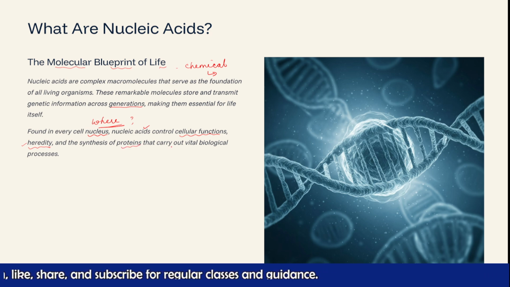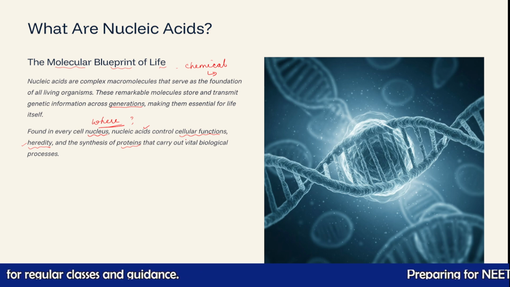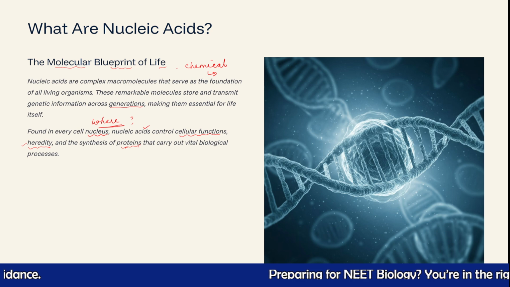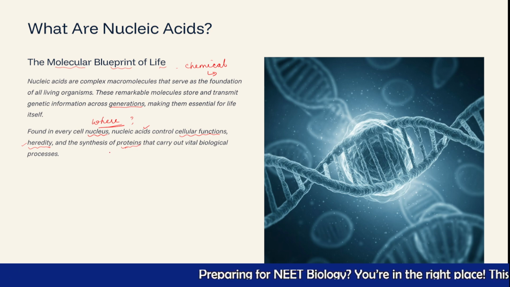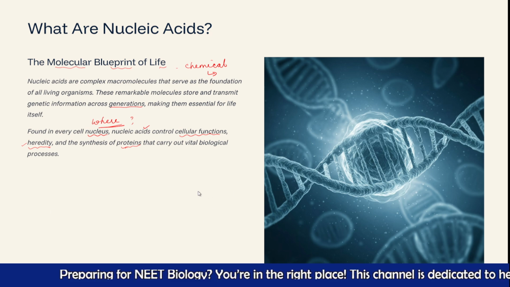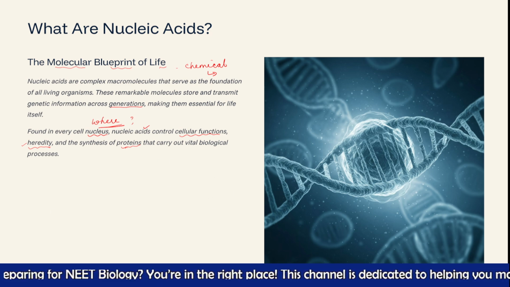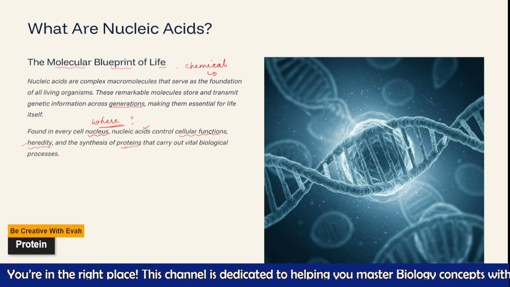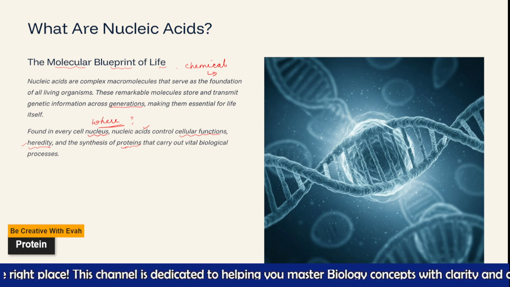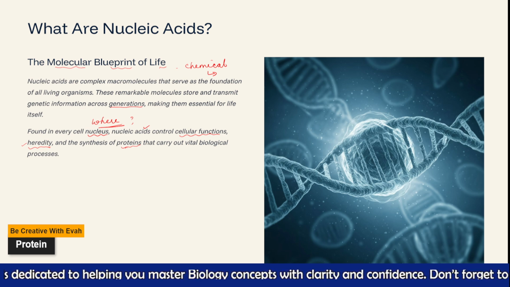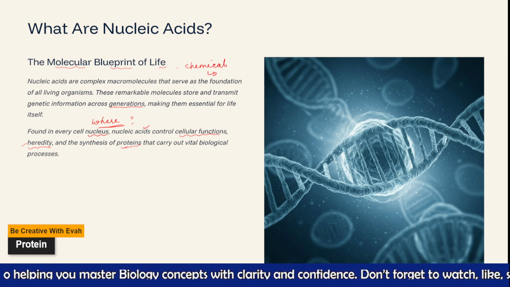The data is carried by the DNA, and DNA will give the message to the RNA, and from there protein synthesis takes place. So I hope this part is clear. What is nucleic acid, where it is found, and what are the vital functions of nucleic acid.